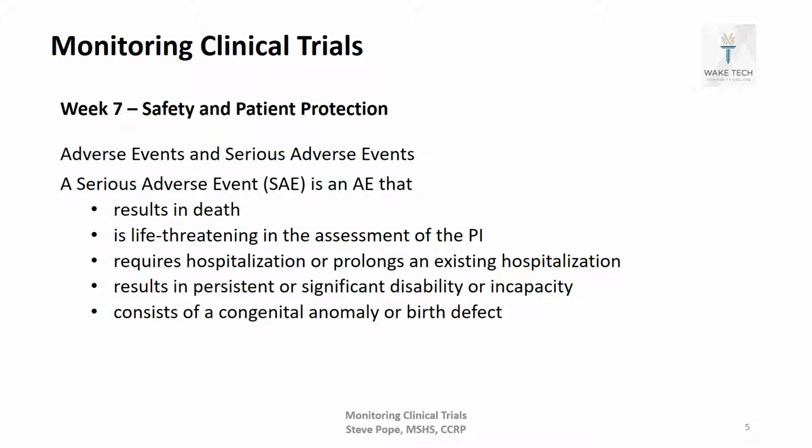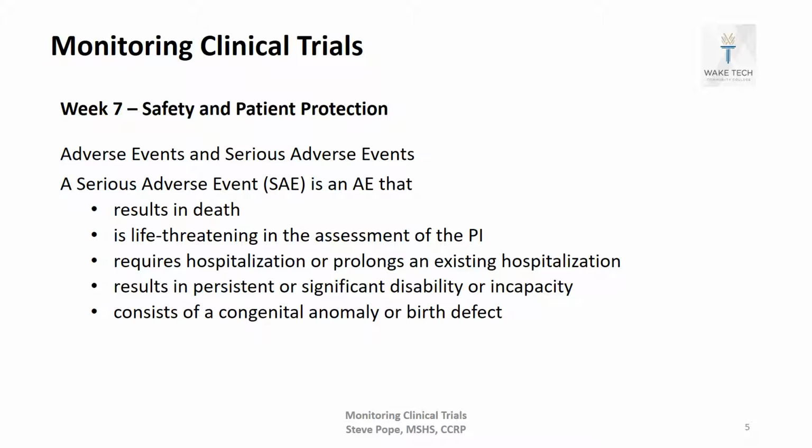So when we're talking about adverse events, we're invariably, at some point, probably going to discover a serious adverse event. A serious adverse event is an adverse event which meets certain criteria. It results in death. It could be an adverse event that is life-threatening in the assessment of the principal investigator.